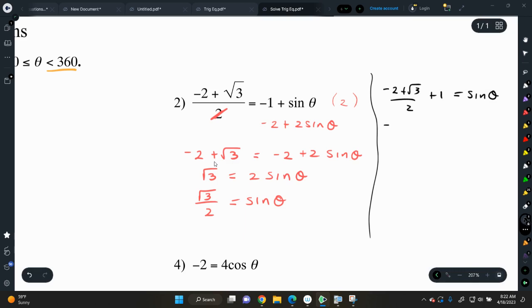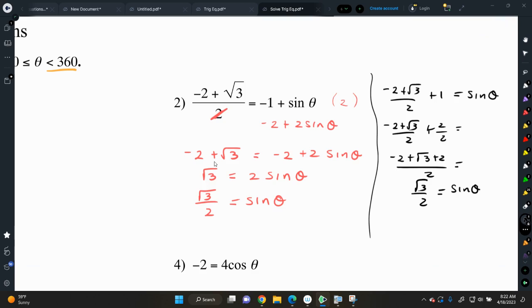So this would be negative 2 plus root 3 over 2 plus 2 over 2, which would be negative 2 plus root 3 plus 2 over 2, which would give us the same thing. So either way, we're going to get to the same thing.